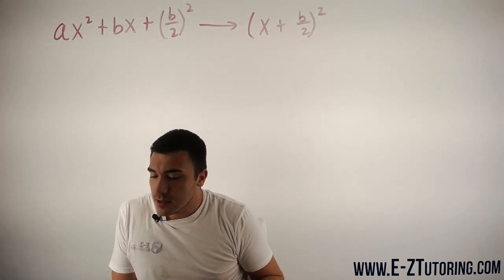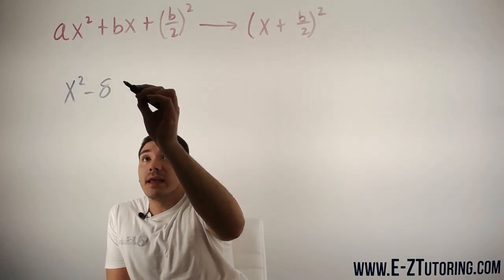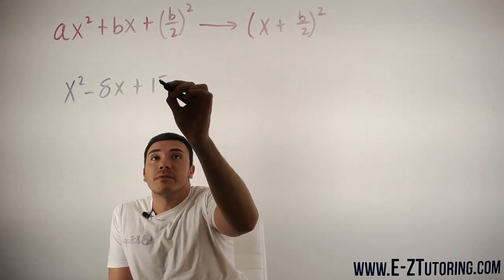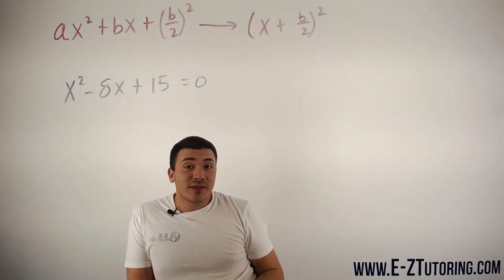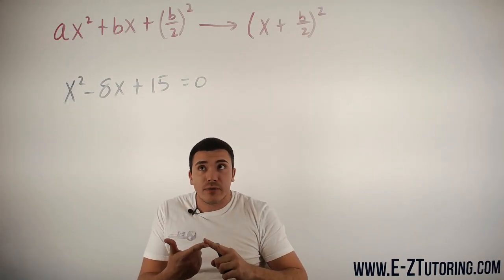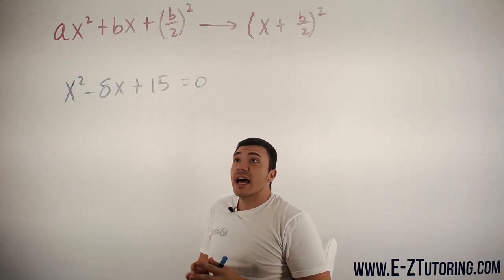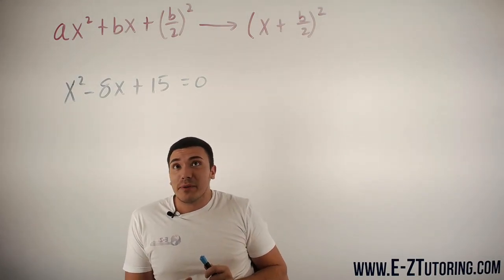Let's say that we have x squared minus 8x plus 15 is equal to 0. Now, of course, there's many ways to solve this. You can use the quadratic formula, you can factor it, you can do a lot of things, but we want to do it by completing the square for the sake of this problem.